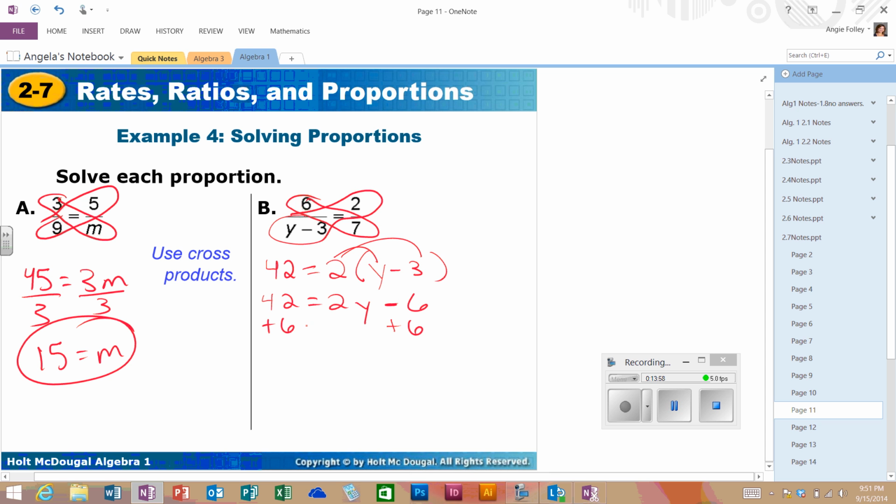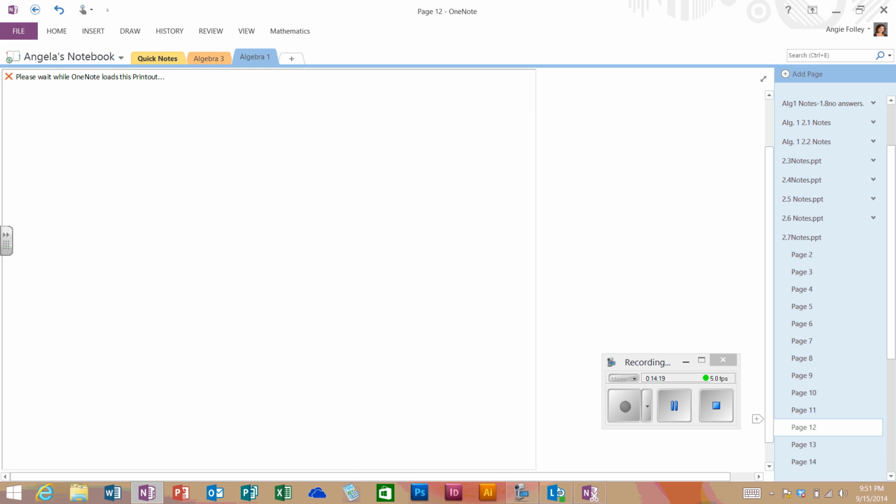Now I can solve, okay? I get 48 equals 2y, divide by 2, and I should get 24 as my answer. So just be careful. If you're cross multiplying and you have more than 2 things in the other part, that other number needs to get distributed to both of those, okay?